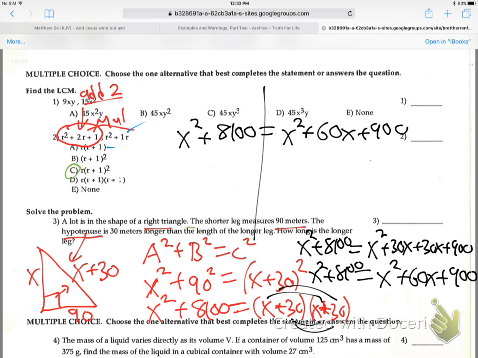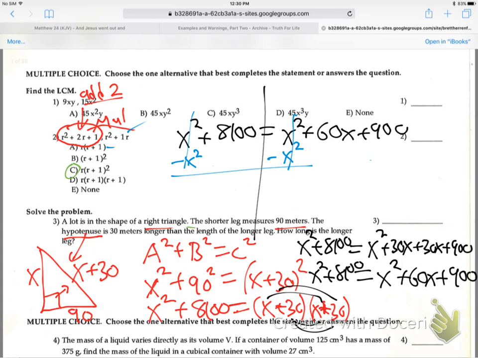This making sense? Now, what do you do when you have x squared on both sides? You wave bye-bye x squared, right? It's gone. It's going to cancel out. If we just had x squared on one side, that would be the get a 0, all that kind of stuff. But if you have it on both sides, bye-bye.